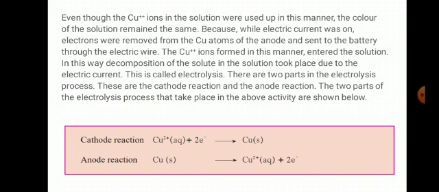Here copper metal has been deposited on carbon rod which acts as a cathode, and the thick plate of copper which acts as an anode dissolves in this electrolysis process. If this electrolysis carries out for a long period of time, do you know children what will happen?